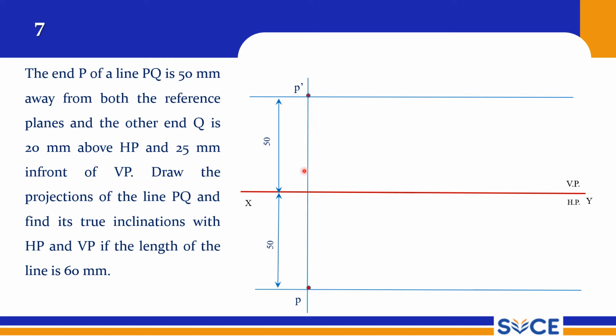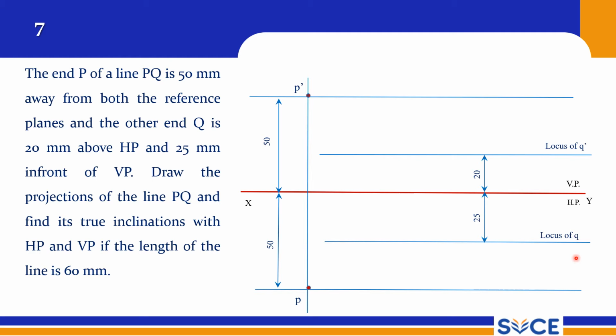It is little away from XY reference line, and the other point 20 above HP and 25 in front of VP. So draw 20 above HP. So this becomes our locus of Q dash, and this 25 in front of VP. This line will be our locus of Q. So we got both the lines.